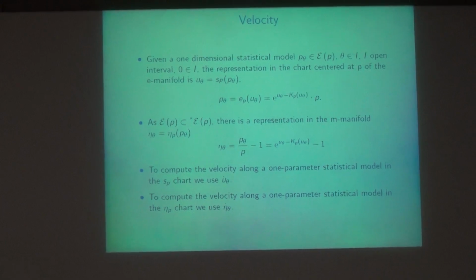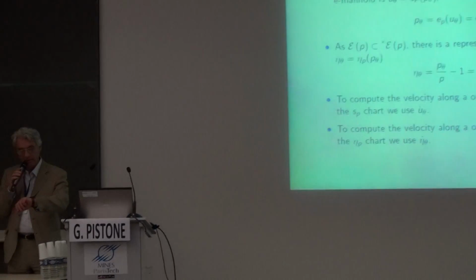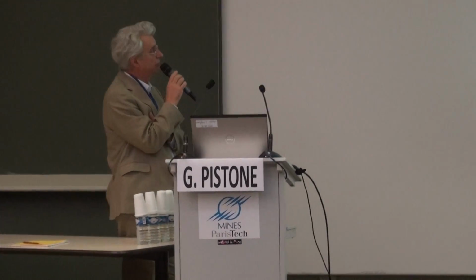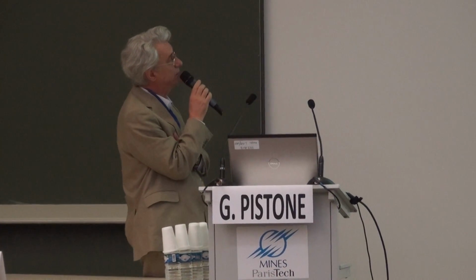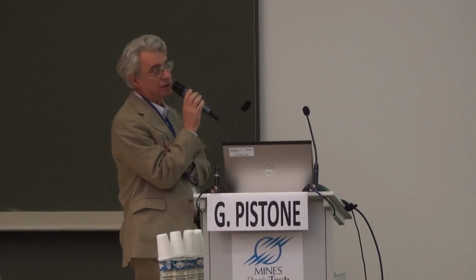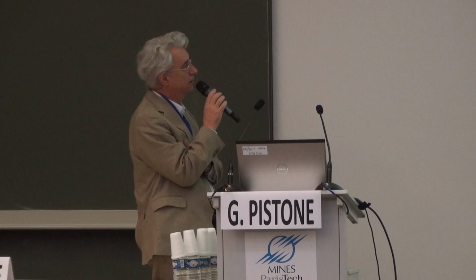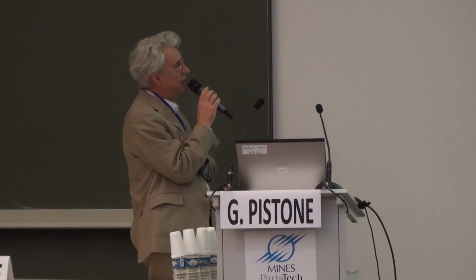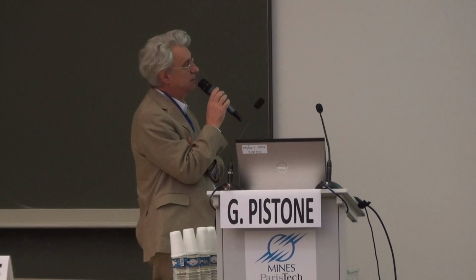So if you want to define vector bundles, we have to define the tangent space, and for example, we have to define what is the velocity of a curve. So I have defined two types of charts.